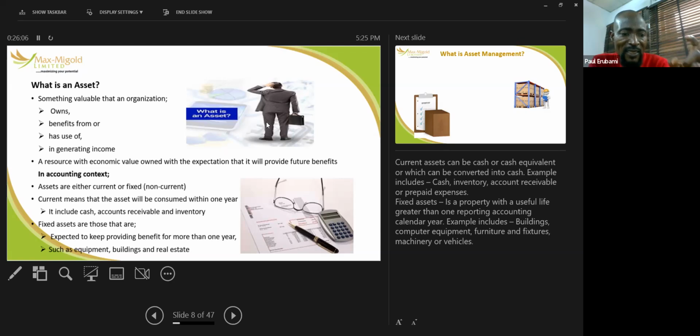And fixed assets are those that are expected to keep providing benefit for more than 1 year. And that is why they are classified under, just like Mr. Faye said the other time, equipment, your building, your real estate, your computer. A fixed asset is a property with a useful life which is greater than one reporting accounting calendar year.